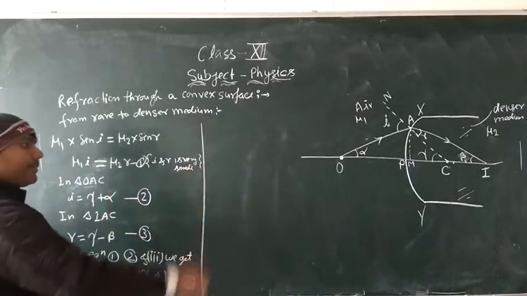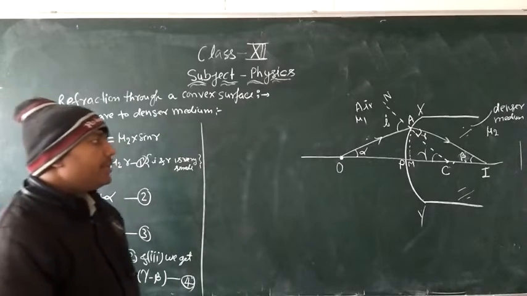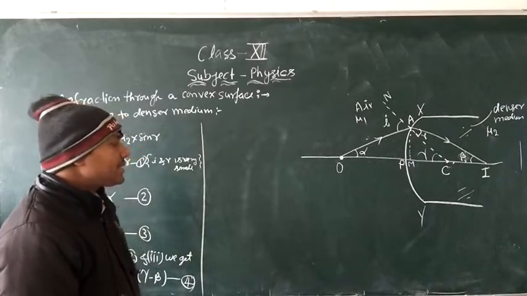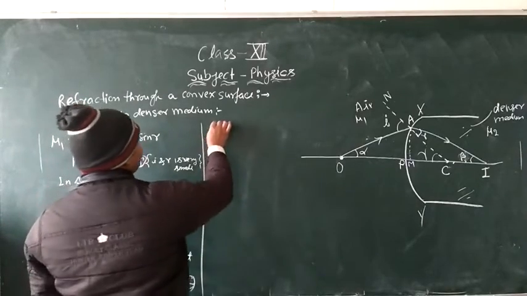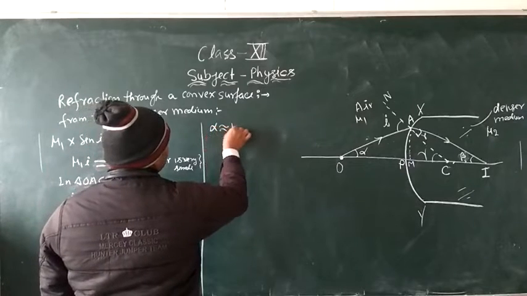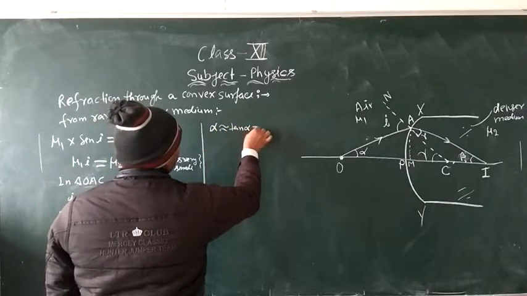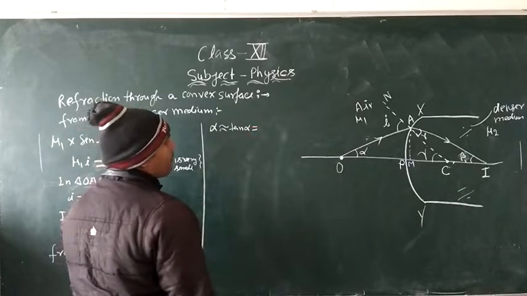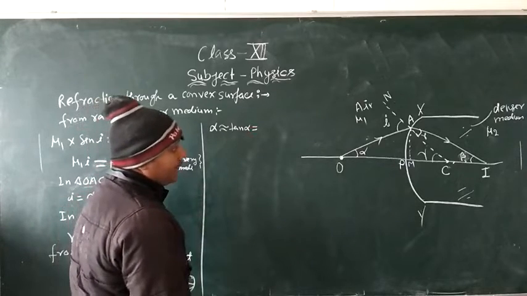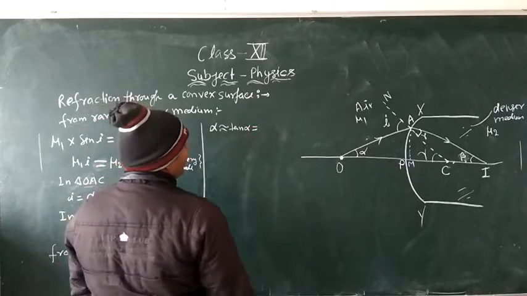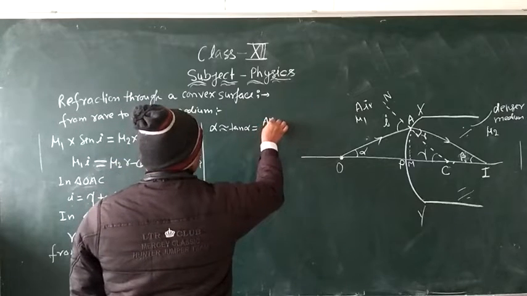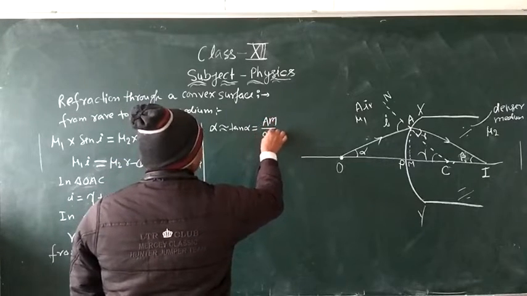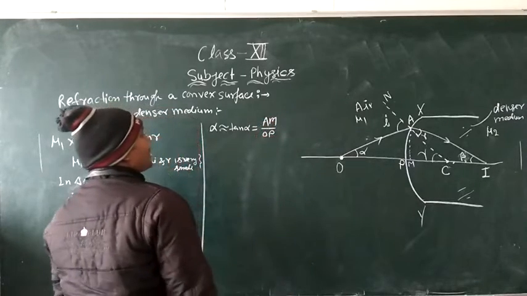From the figure, using trigonometric functions, alpha is nearly equal to tan alpha, which is AM upon OP, replacing OM by OP.